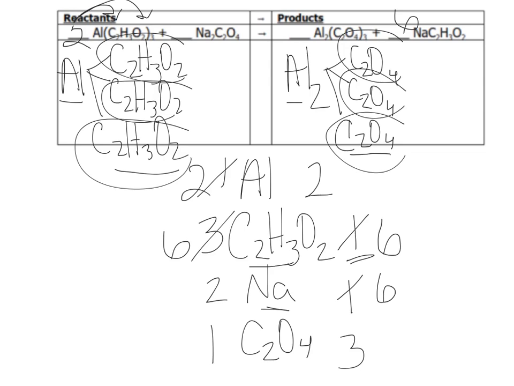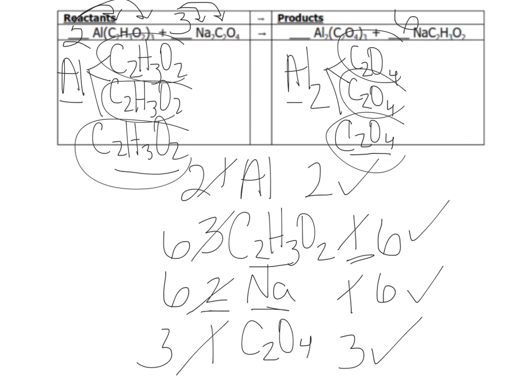We'll work on Na next, and on the reactant side I only have 2, so I need a coefficient of 3, and I'll update my Na and my groups of C2O4 because they get the 3 also, and that makes everything balanced with coefficients of 2, 3, 1, 6.